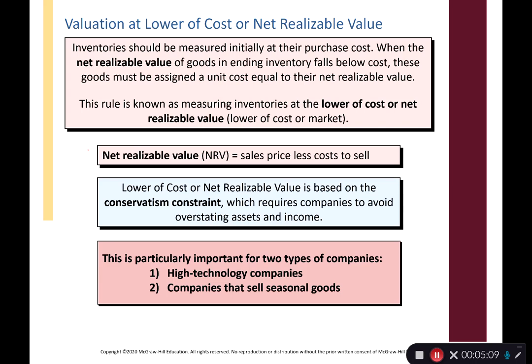We don't want to wait, because the conservatism principle says we need to record our inventory at the lower of the cost we paid for it or what it's worth today. Companies that sell seasonal goods often have the same issue, because once the season is over, like the camping season, nobody's buying those goods anymore until the next season. So the market value of those goods goes down.